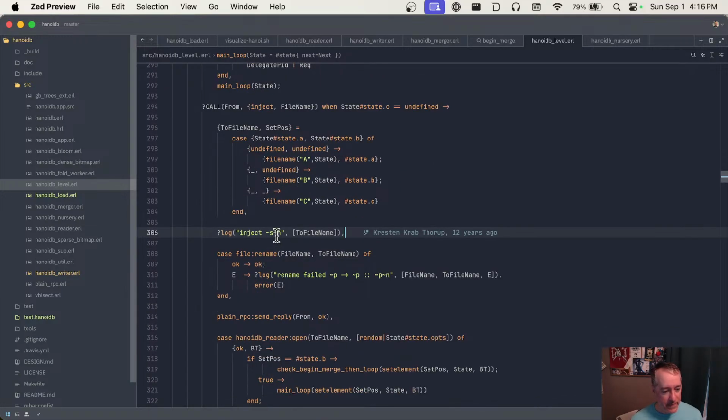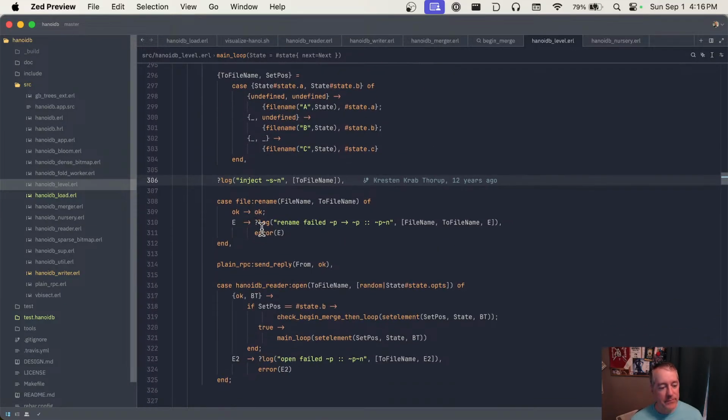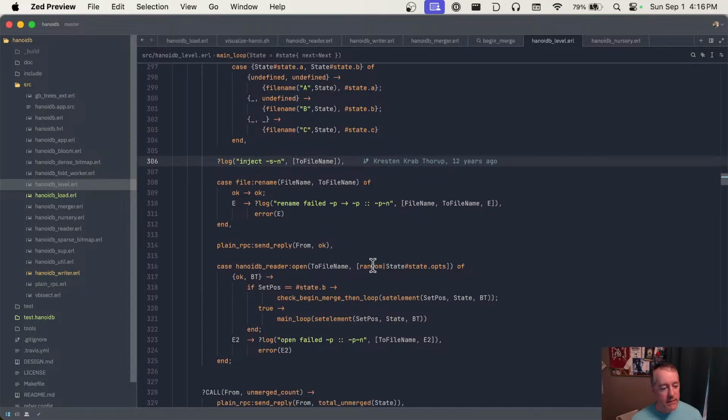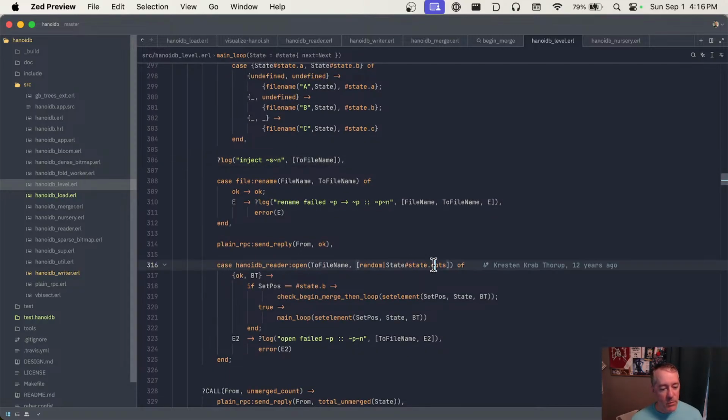So then we rename that file. We reply OK. And then we open it. And here's this check begin merge then loop. Right? So if it was set to B, you'll have to look at what that random thing does.